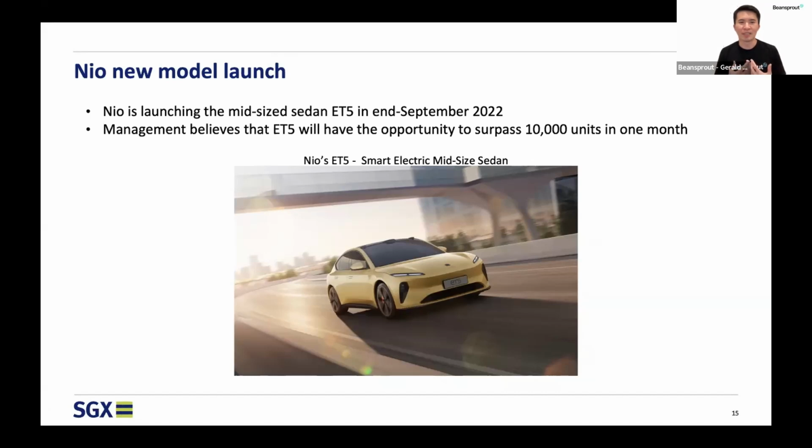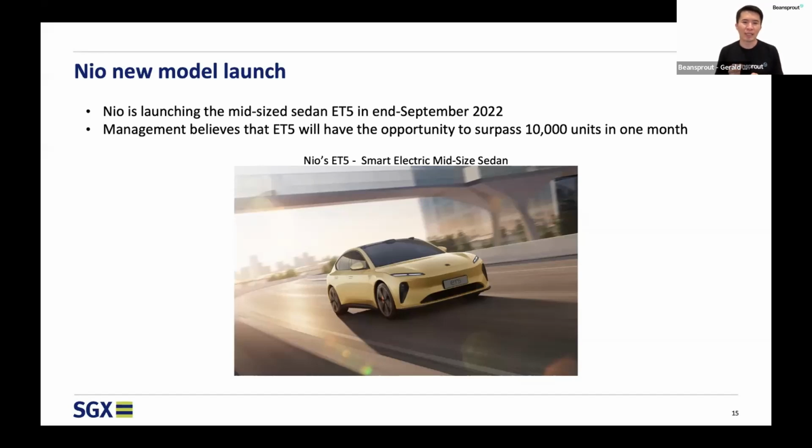Because for investors, what we look out for will be deliveries that will help to bring higher revenue as well as higher profit. So the thinking is that whenever there's a new model being launched, hopefully that will help to drive up the sales of the EVs. One of the highly anticipated models would be the new mid-size sedan ET5 that will start to be sold from the end of this month.